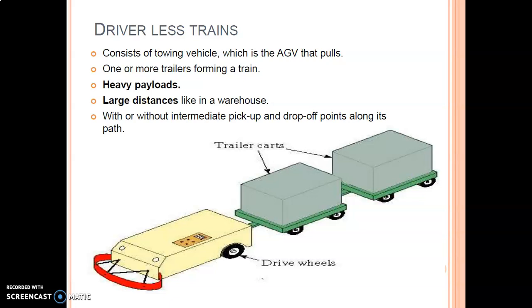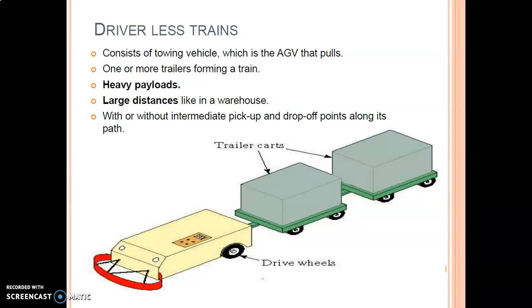Driverless trains consist of a towing vehicle, which is an AGV, that pulls one or more trailers forming a train, for heavy payloads over larger distances, like in warehouses, with or without intermediate pickup and drop points along its path.